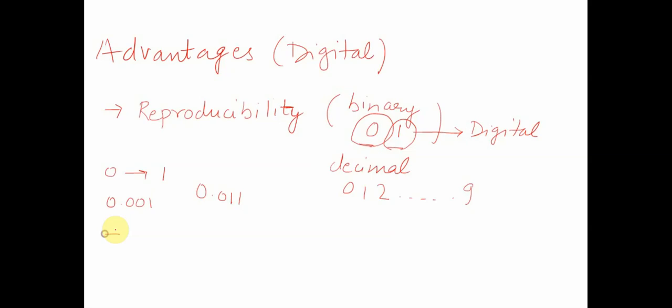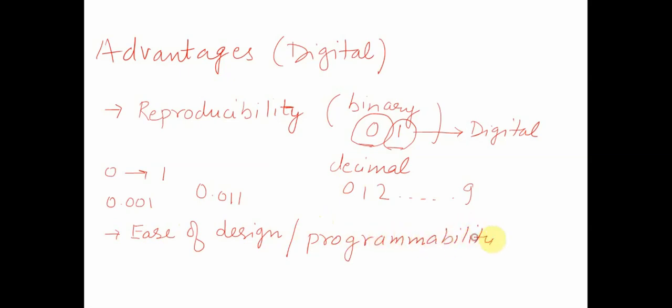The second one is ease of design. It's easy to design systems when we know the system can attain only a finite number of values, say 0, 1, or 0 to 9, or in hexadecimal 0 to F, right? So ease of design and programmability is something for which digital systems have an advantage over analog systems.